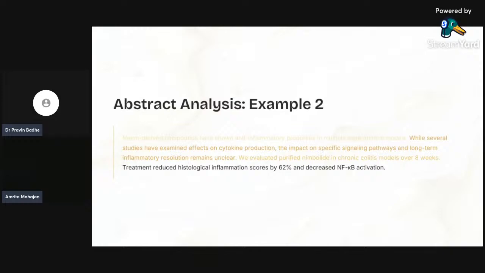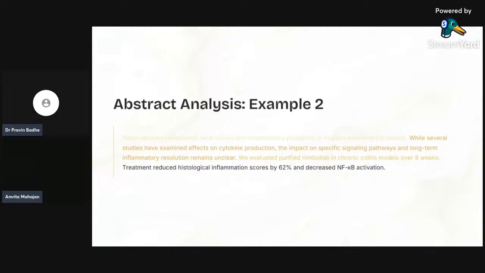It means that although several studies have examined the effects on cytokine production, certain specific signaling pathways have not been explored yet. So they have written, we have evaluated curcumin nimbolide in chronic colitis models over 8 weeks. Treatment reduced histological inflammation scores by 62% and decreased NFKB activation.